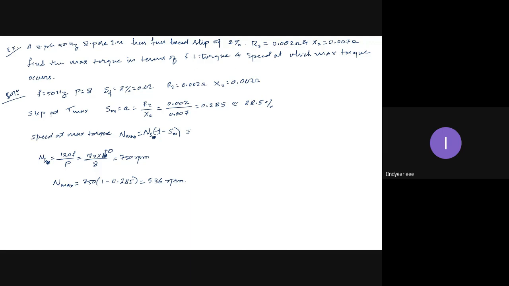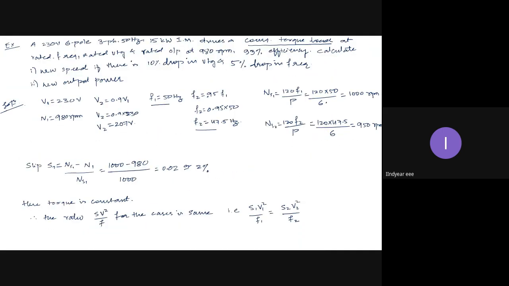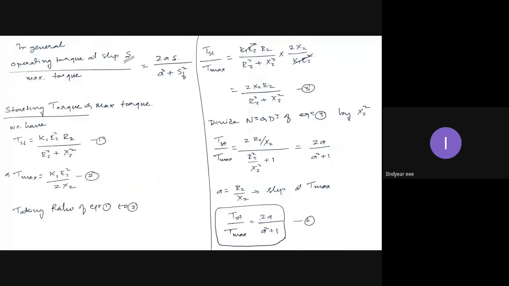Next I have to find out the relationship between maximum torque and full load torque. So we have full load torque to maximum torque as 2a Sf divided by a square plus Sf square.